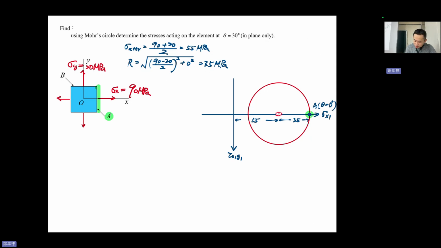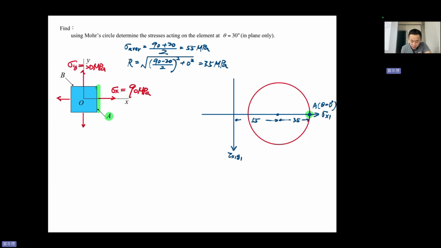So here is 55 and this is 35, and of course your A here is 90 megapascal. So put it here, and there's no tau x1y1, so nothing here. So you can set up this as A, theta equal to 0.